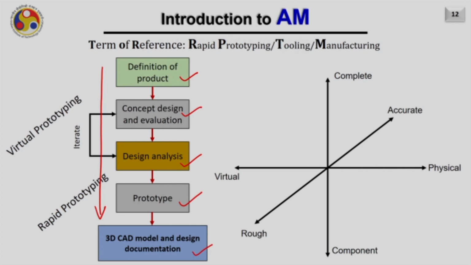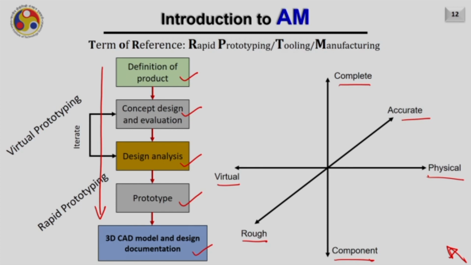Let us try to understand the different types of prototypes. What you are seeing here on this diagram, there are 6 axes. One shows whether the prototype is physical or virtual, whether the prototype is accurate or rough, whether the prototype is complete or at the component level.